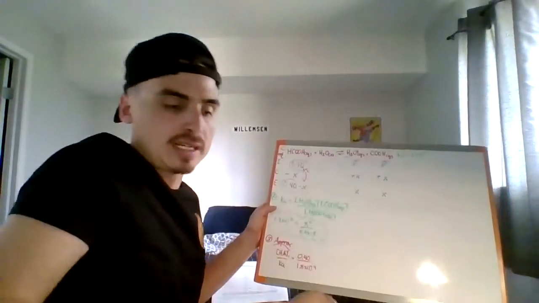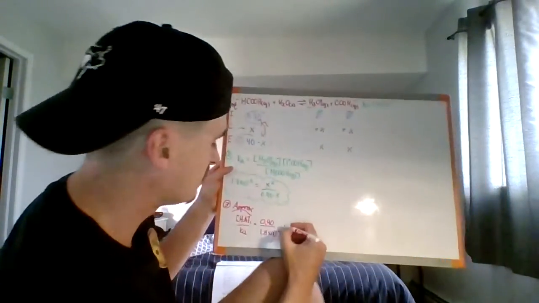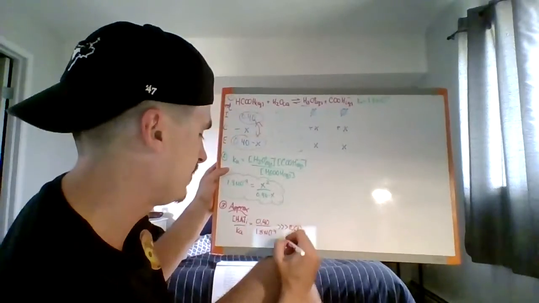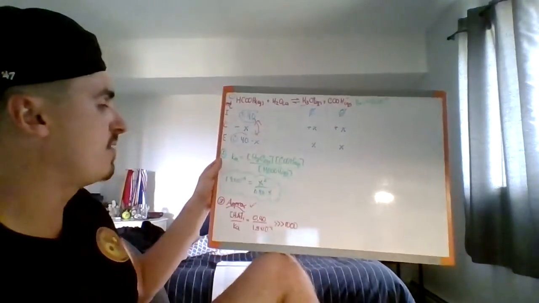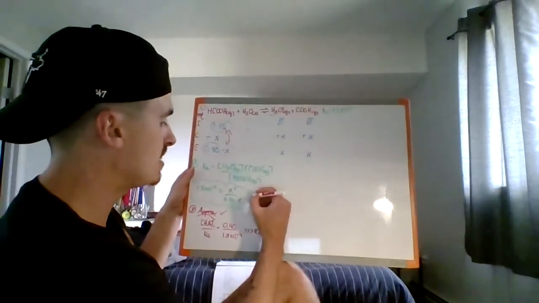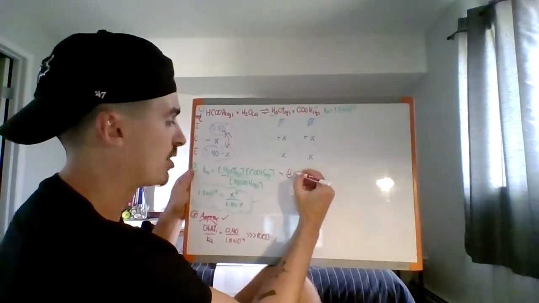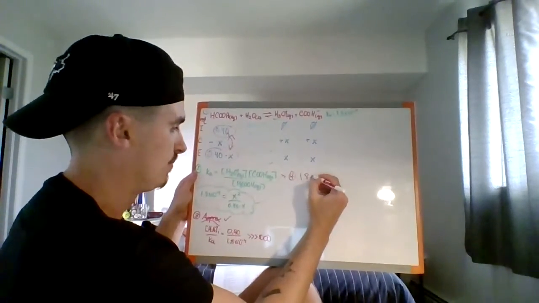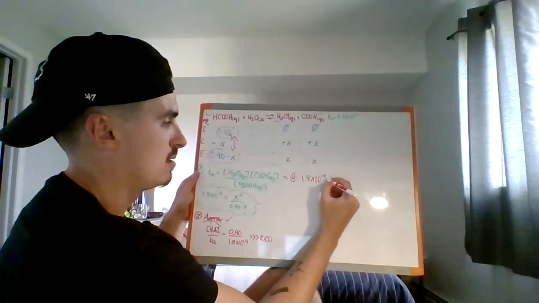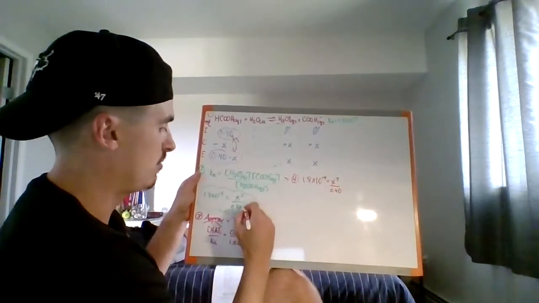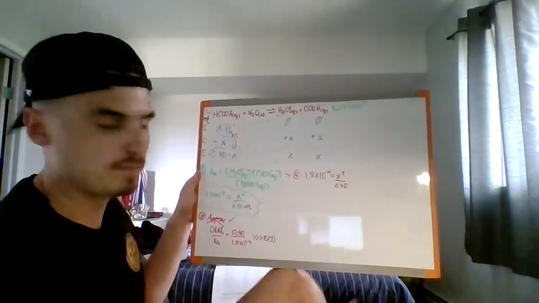And I'm going to get 2,222, which is significantly above 1,000. So the approximation is verified. What does that mean for us? That means we can get rid of that minus X. So I'm going to rewrite the equation now without that.